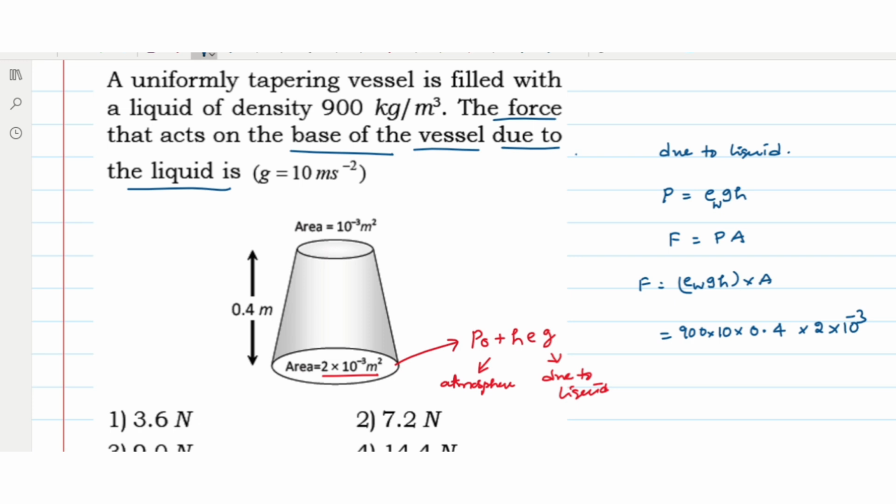Then the 10 power 3 and 10 power minus 3 get cancelled, 0.4 into 2 is 0.8, and 8 into 9 gives 7.2 Newton. So the force that acts on the base of the vessel due to the liquid is 7.2 Newtons.